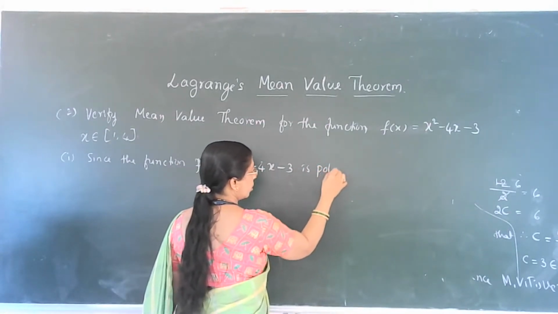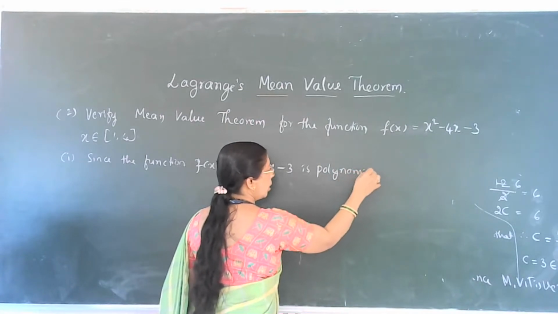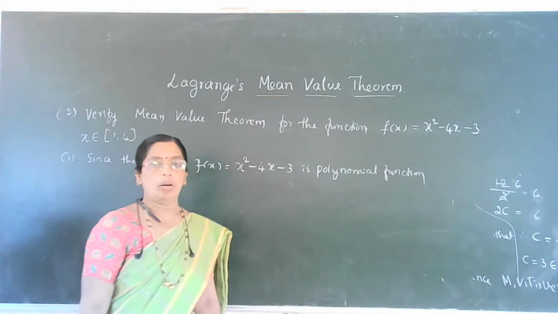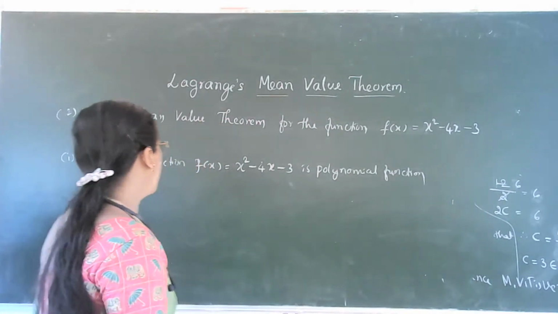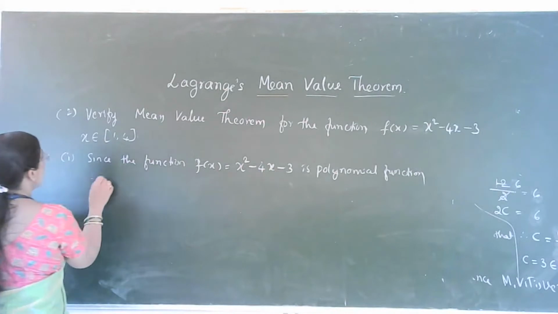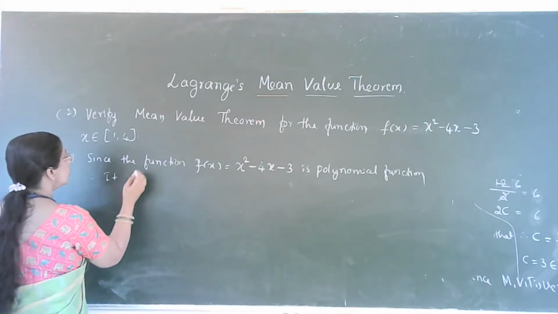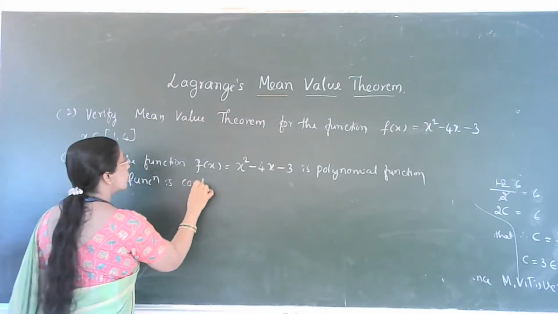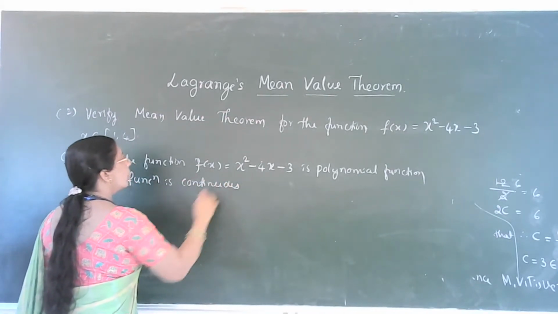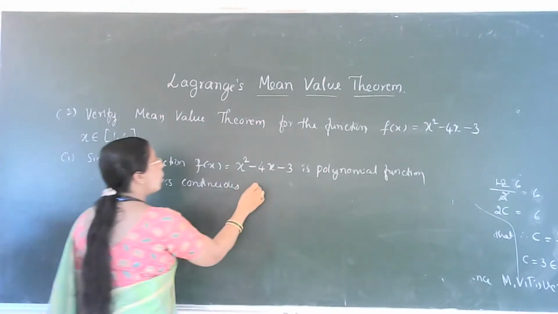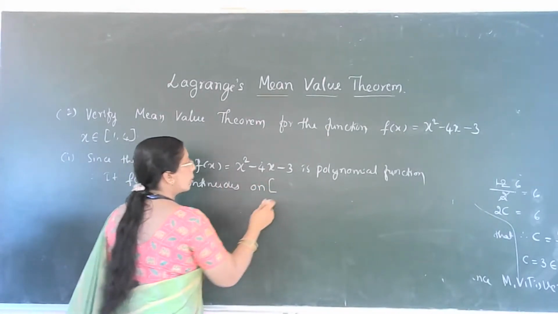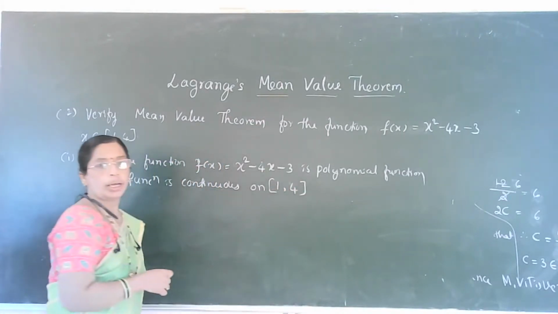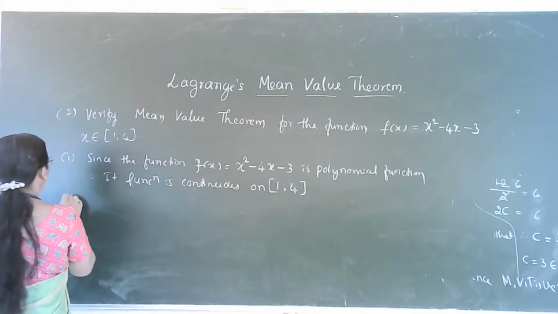It is a polynomial function, therefore the function is continuous. Write continuous on the closed interval [1, 4]. You should write the interval also.